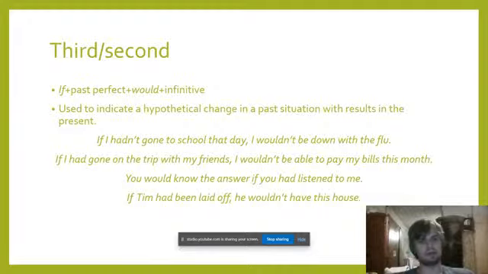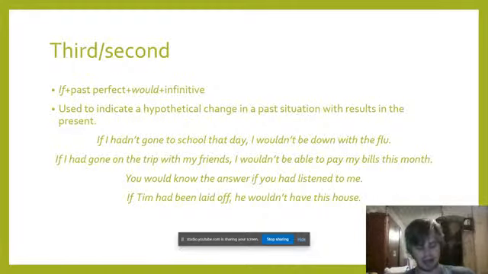Another example is if I had gone on the trip with my friends, I wouldn't be able to pay my bills this month. So we had an expensive trip scheduled, we canceled out on it, and now we have some money to pay the bills.